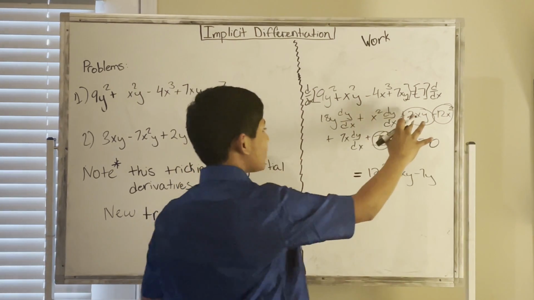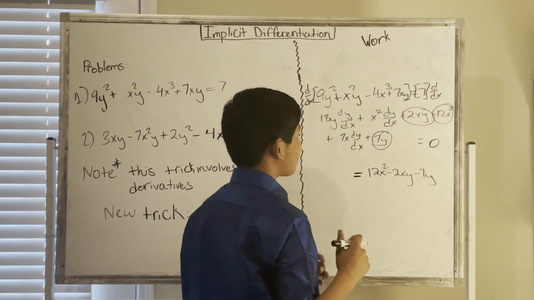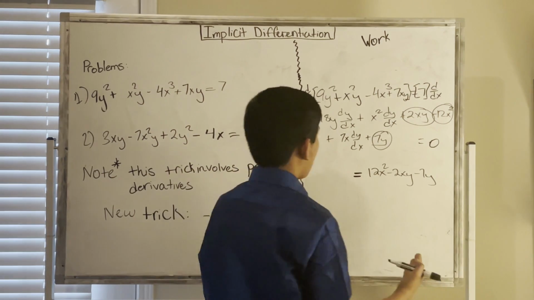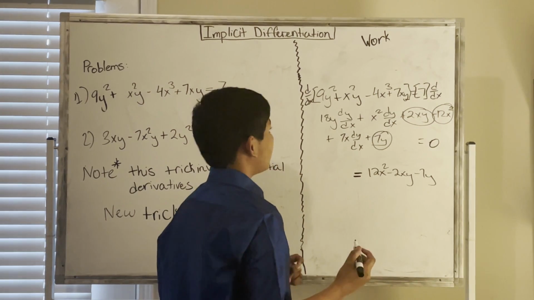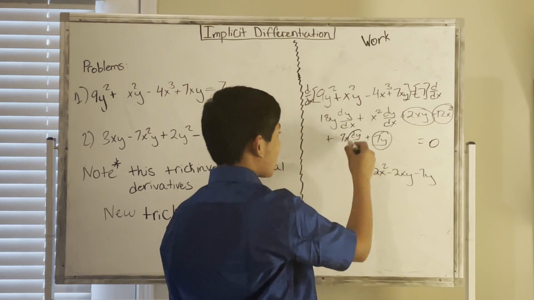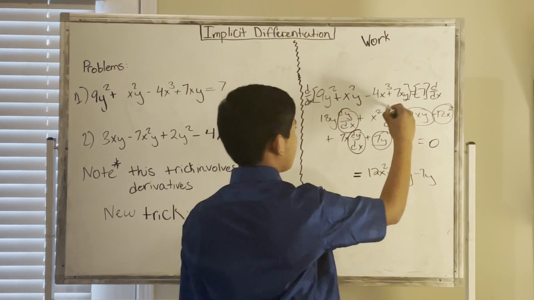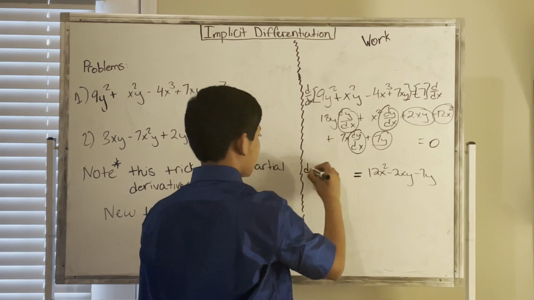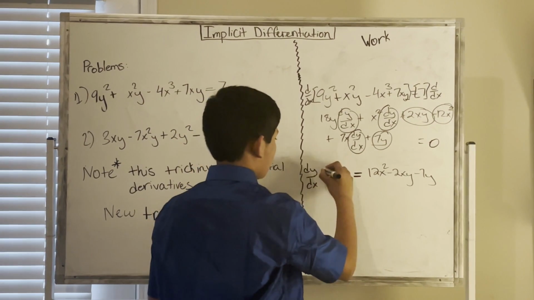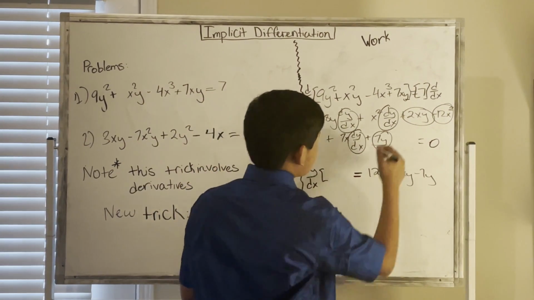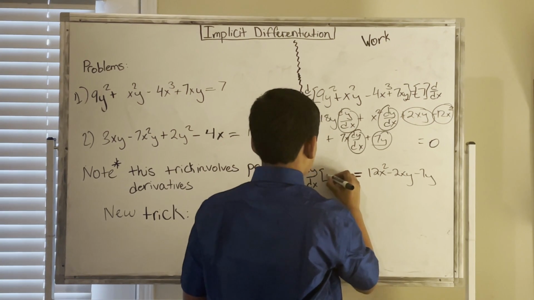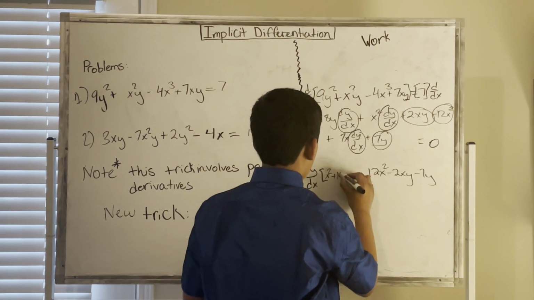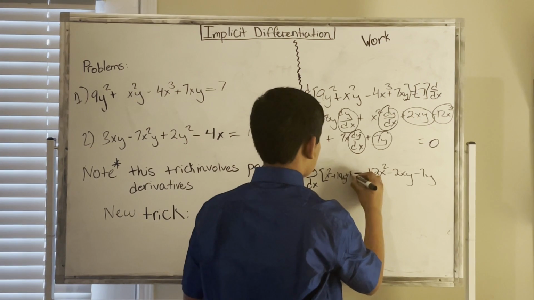So we move the sum of the terms that do not involve dy over dx to the right-hand side, and we take the terms on the left-hand side, and we can notice that we can factor out a dy over dx. If we do, we'll get dy over dx factored out of x squared plus 18y plus 7x.